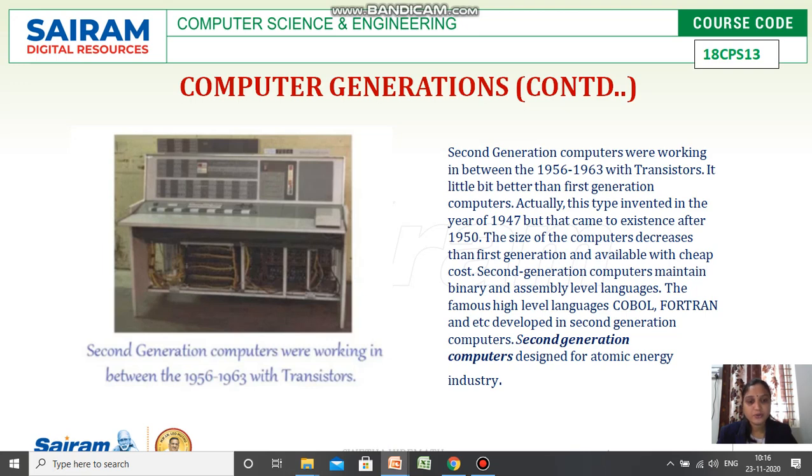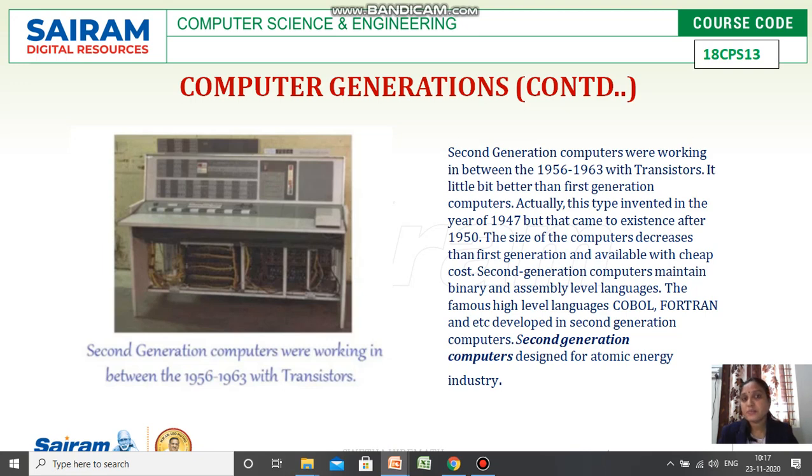These second generation computers were mainly used for the atomic energy industries. In atomic energy industries, the calculations and the temperature checkups were all carried out by these second generation computers.